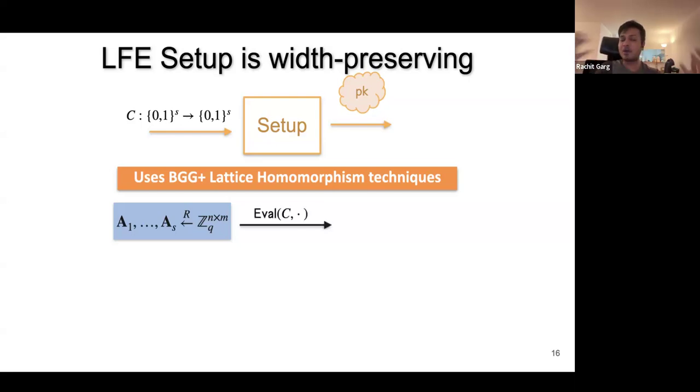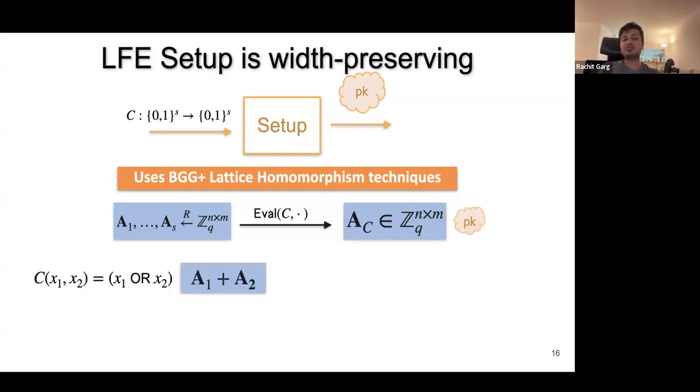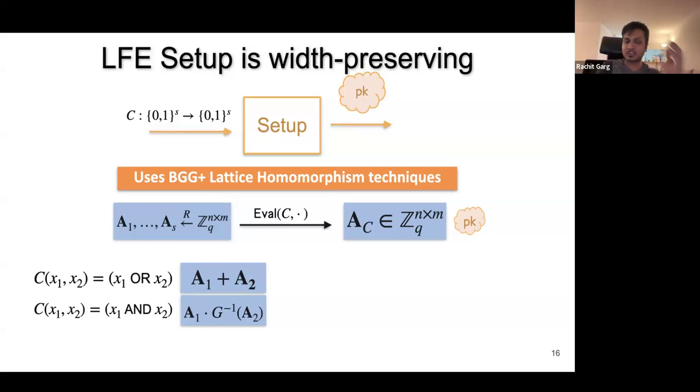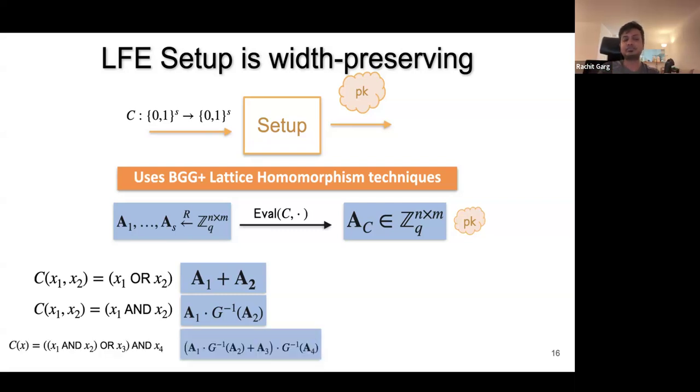There is some homomorphic evaluation procedure, which is outputting this short public key. And the way this homomorphic evaluation procedure looks is like, if you have an OR gate, then I'm going to basically add my matrices up. And if you have an AND gate, I'll do some multiplication of these matrices, but to make these dimensions work together, I'll maybe multiply by some G's.